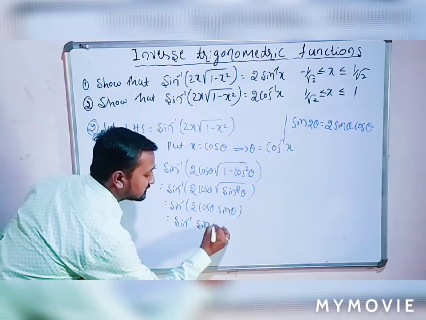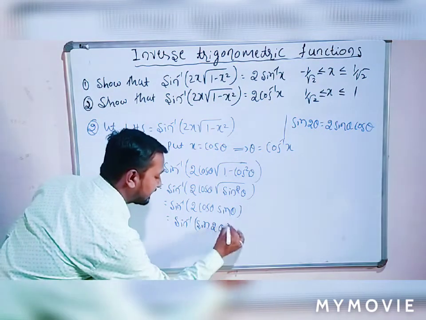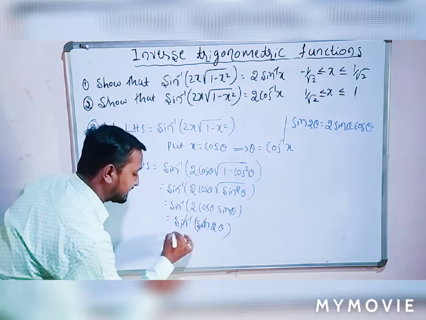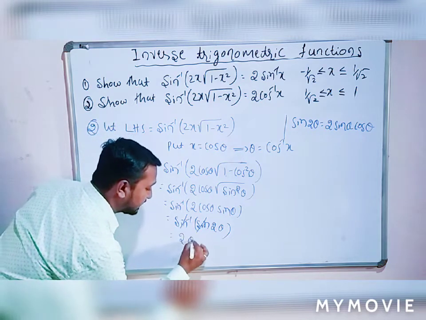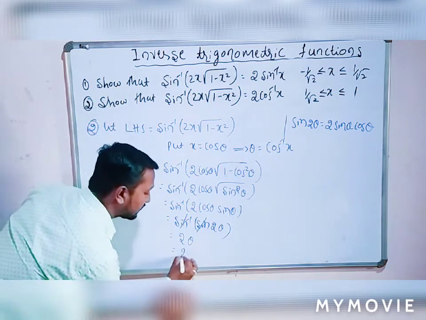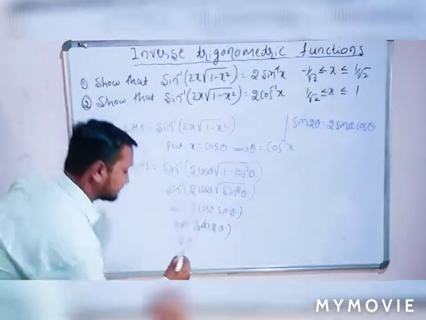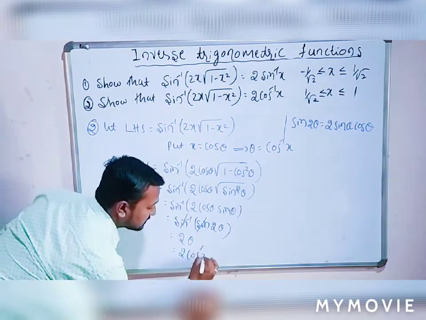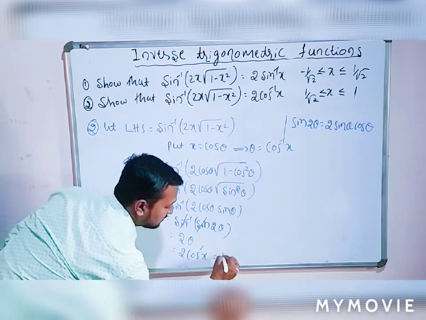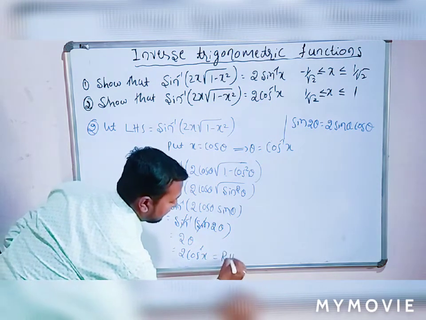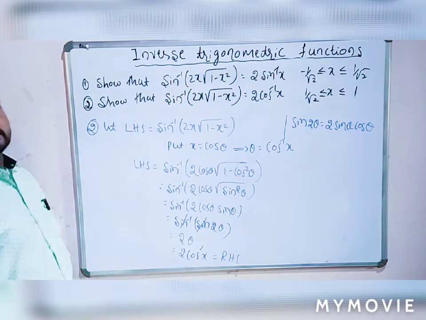Sine inverse of sine 2 theta: here sine inverse and sine get cancelled, leaving 2 into theta. What is theta? Theta is nothing but cos inverse of x. So 2 theta is 2 cos inverse of x. This is your RHS. Is that clear?